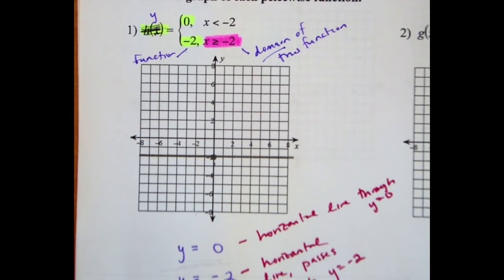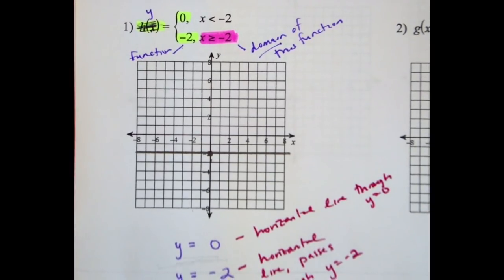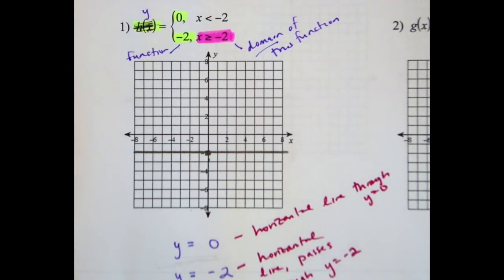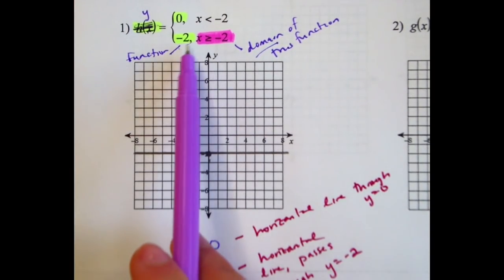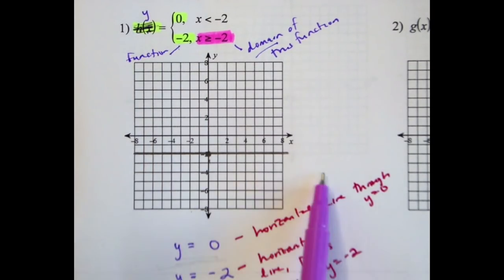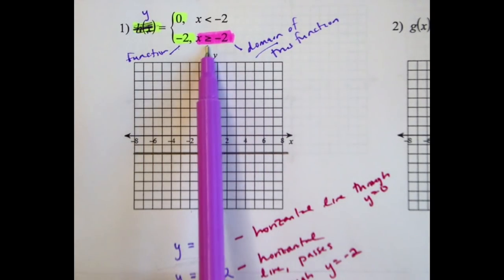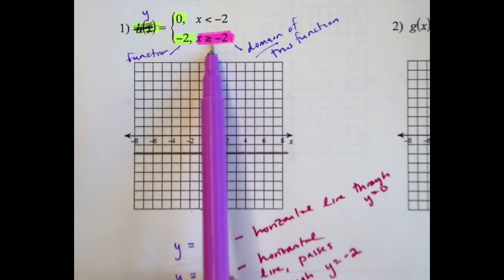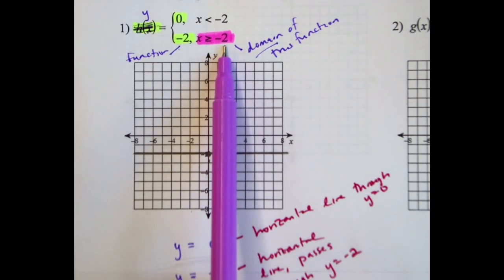Whew. Seems like we're connecting a lot of things from Unit 1 and Unit 2 in this one problem. Okay. So we have y equals -2. I know that this function only exists on the domain x values greater than or equal to -2. All right, so here's what I do.